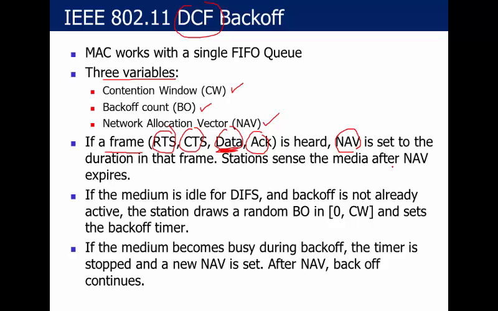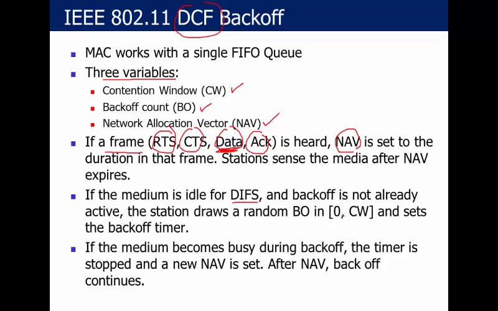So everybody needs to wait the DIFS time period, and by that time one of them is picked. If the medium is idle for DIFS and backoff is not already active, the station draws a random backoff count and sets a backoff timer.